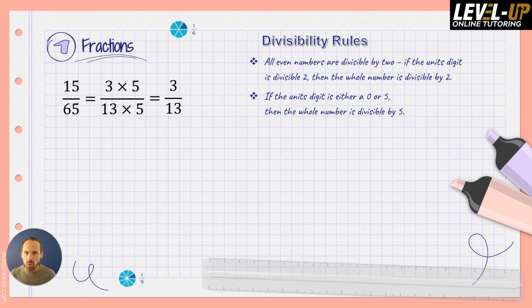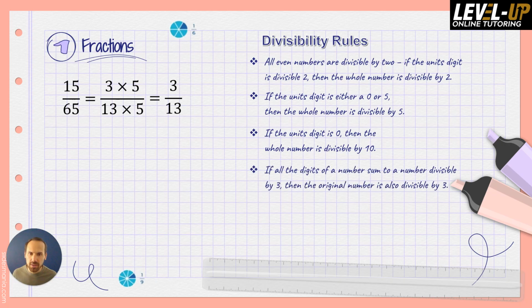If a number ends in 0 or 5, it's divisible by 5. If a number ends in 0, like we saw last time, it's divisible by 10. It's got a factor of 10 in there, which we could also split up into a factor of 2 or a factor of 5.